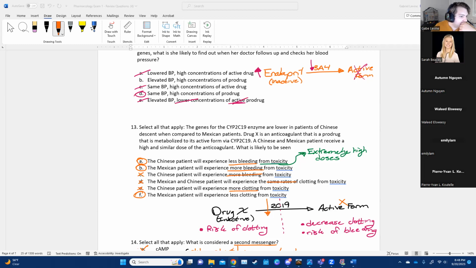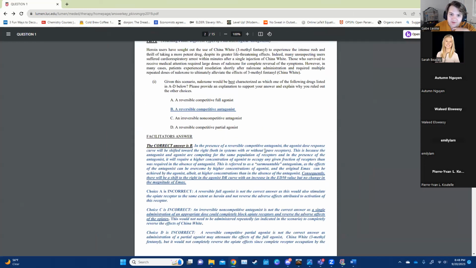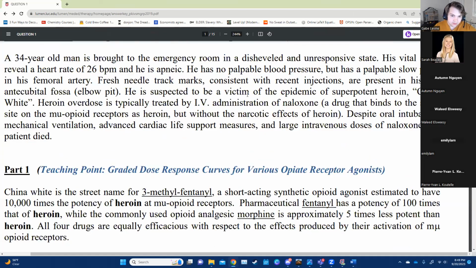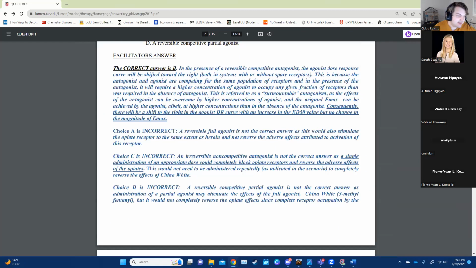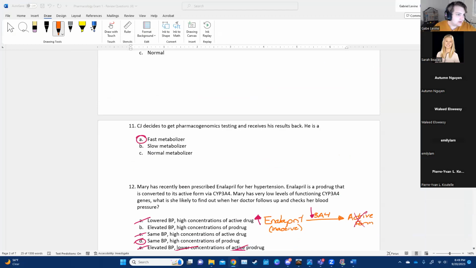What I'm going to do is, there is another worksheet I found that has some pretty good questions and answers. The only thing is I can't find a blank version of this. I'm just looking to see if I can find it. No. Let me try this thing.